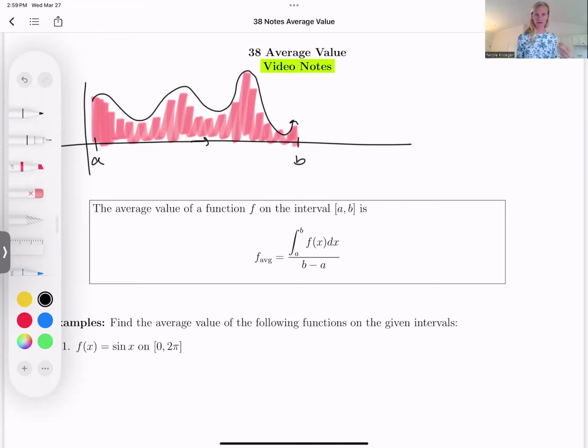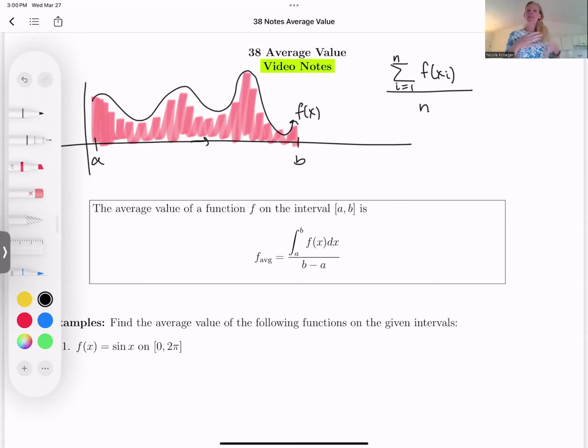If I just had a finite number of points, I would add up all of those points and divide by the number of points. To add up the points, I'm going to call this a sum, and I'm going to think about adding these as y values on a function. The x sub i are just the points that I'm taking on that function.